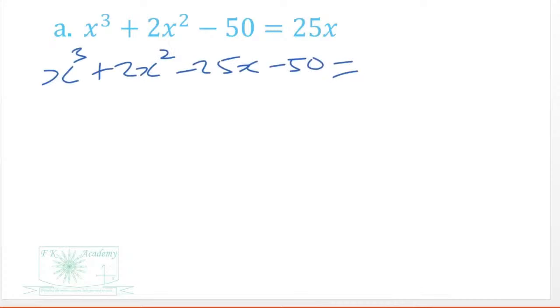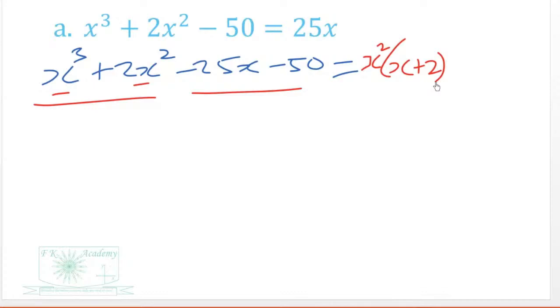You realize that x squared is common to the first two terms. We can also see that -25 is common to the second term. And by inspection, we factor to obtain x squared, and we are left with x plus 2.